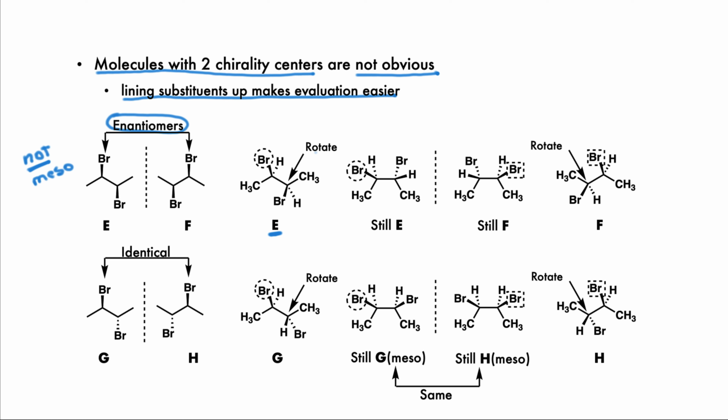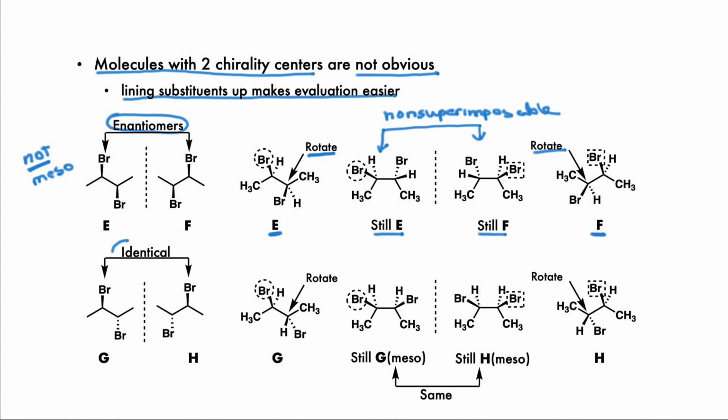If we draw the Lewis structure of E and rotate the right-hand carbon, we get this representation, which is still E. If we draw the Lewis structure of F and rotate the left-hand carbon, we get this representation, which is still F. E and F are mirror images, but they are also non-superimposable, so they must be enantiomers.